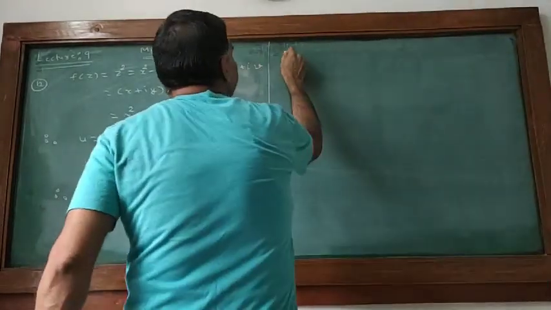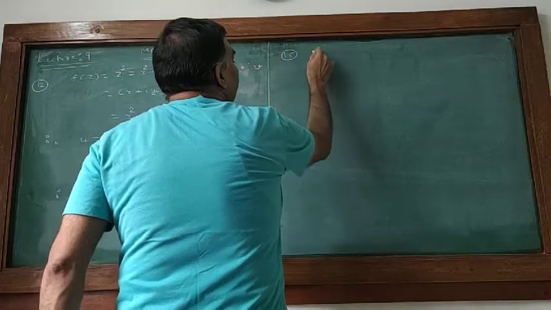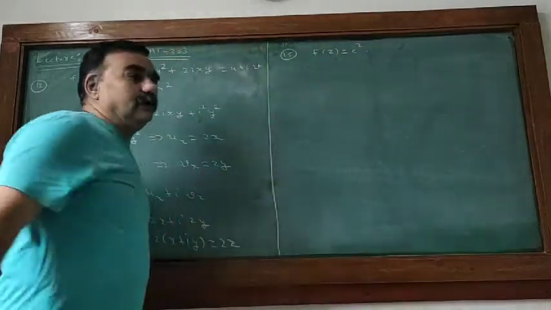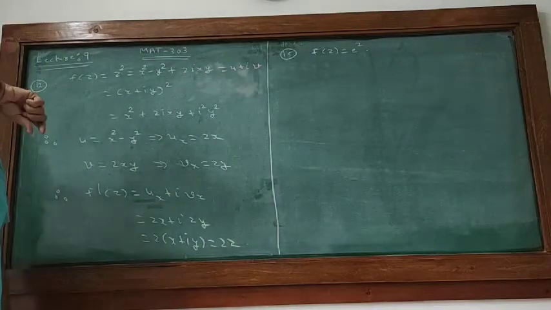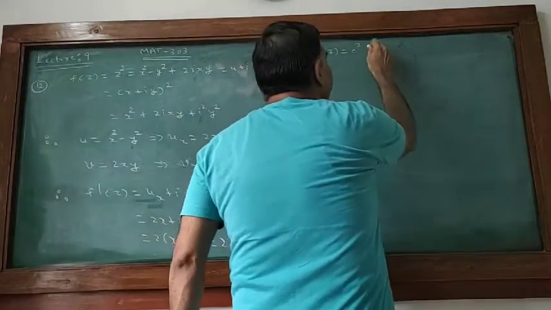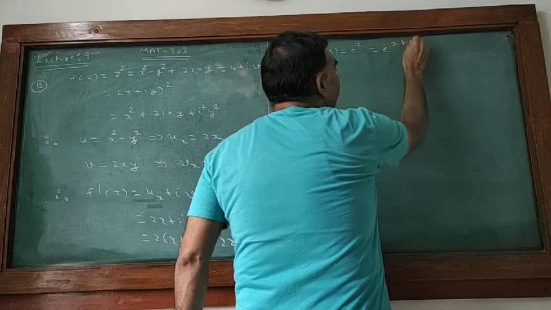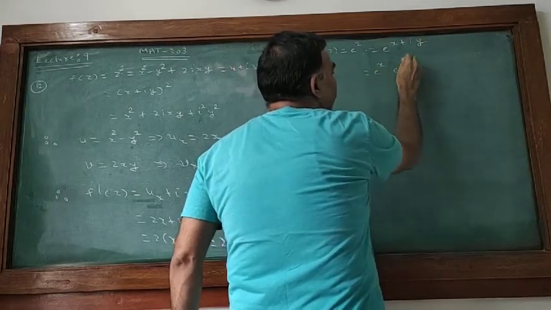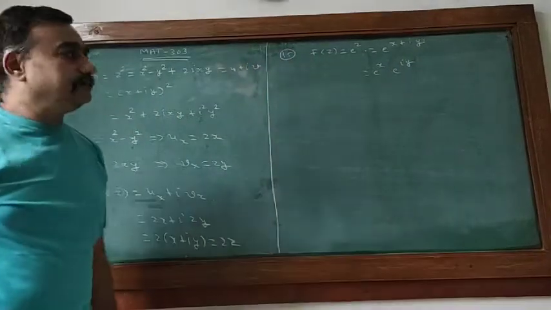In 15, f(z) is equal to e raised to z. So this is equal to e raised to x plus iy. Therefore this is equal to e raised to x, e raised to iy.